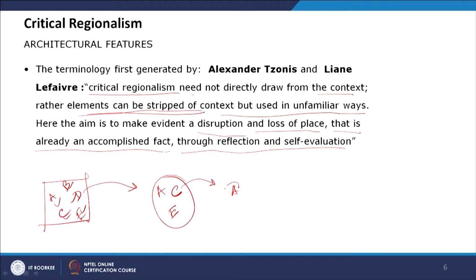There can be a fusion, and then it can change in a different way, and then it can be translated. So it's not a direct thing. There can be disruption, and it can be an unfamiliar way of designing, but there will be a contextual connection. It will come from there, but it's not a direct manifestation. It can change. We'll see what Lefaivre and Tzonis are saying when we look at the examples.